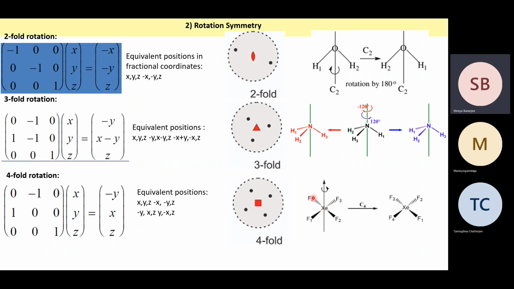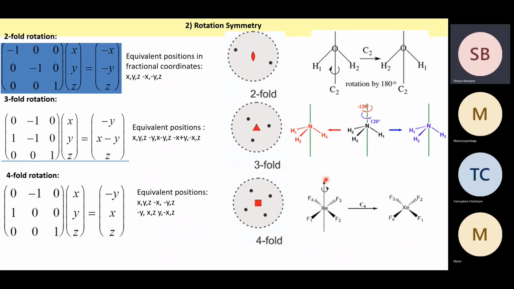You have xenon and four fluorines. If the axis passes through the xenon and you rotate the fluorines by 90 degrees around this axis, you can see F4 comes in place of F1, F1 comes in place of F2, but the overall structure of xenon fluoride remains the same. So this molecule has a four-fold rotational symmetry.